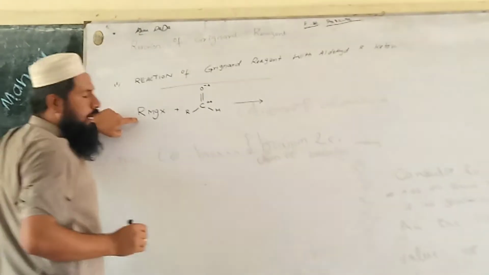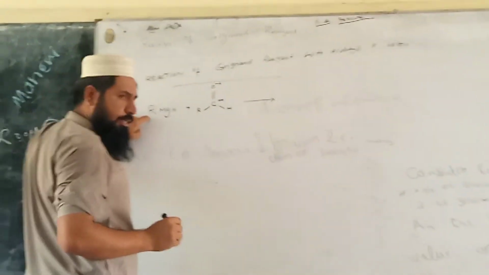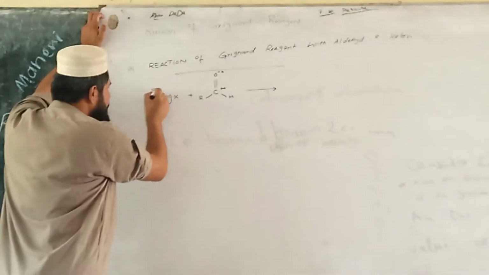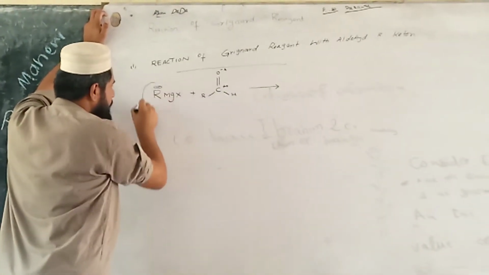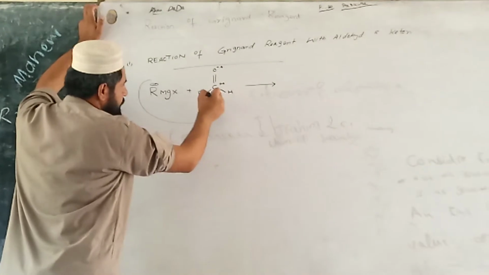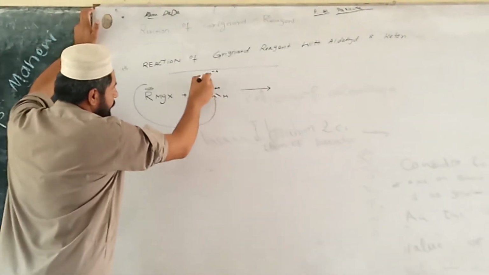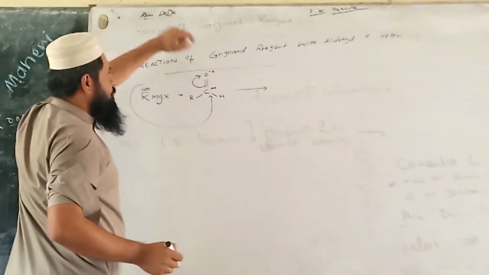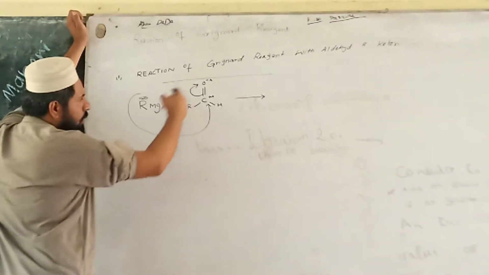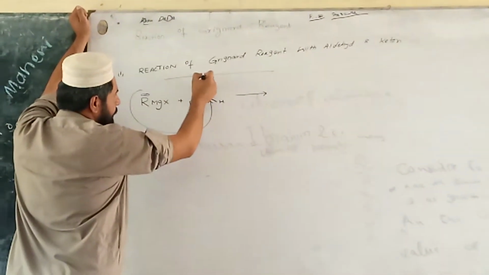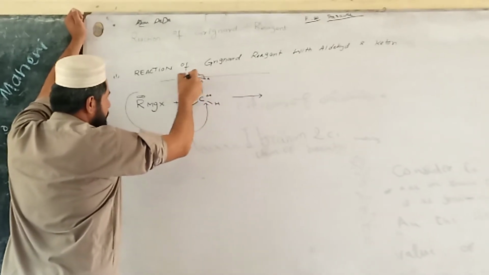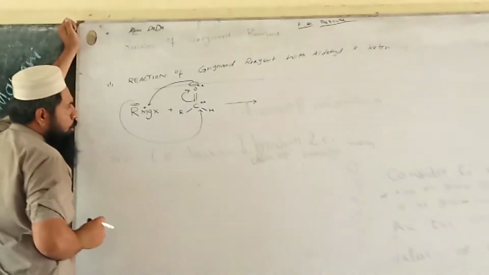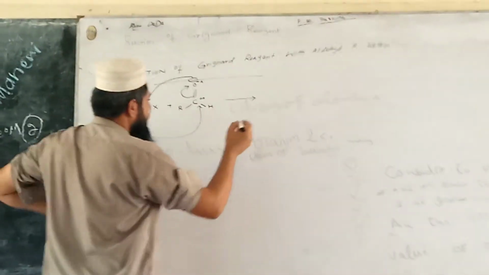So what does this R do? It simply comes here and attacks this carbon, and in the next step this double bond shifts towards that oxygen. The oxygen becomes negative, and that negative attacks this positive magnesium. As a result we got this thing.